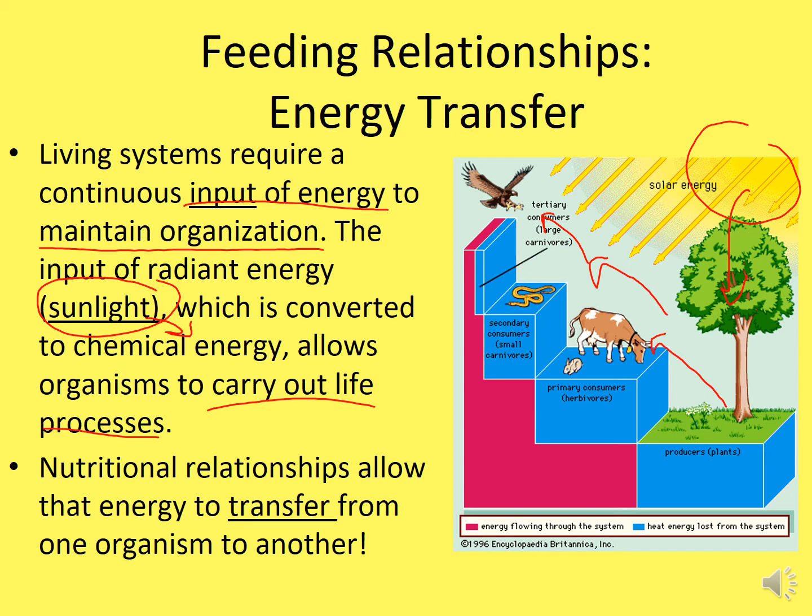Nutritional relationships allow energy to transfer from one organism to another. So as the tree takes energy from the sun, the cow eats the grass, and then we eat the cow, and so forth.